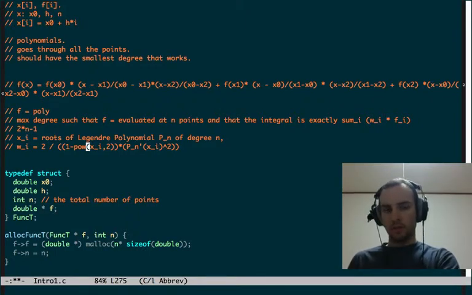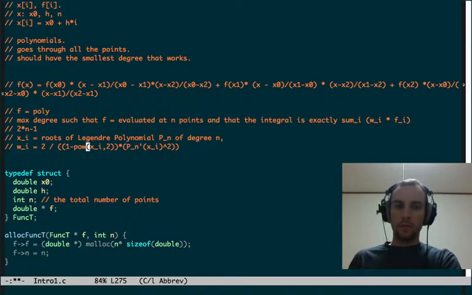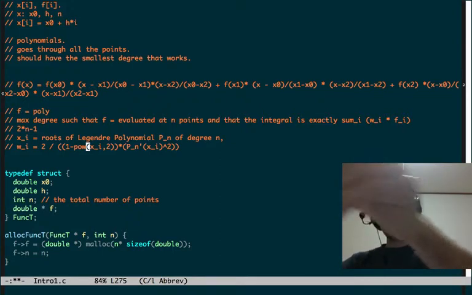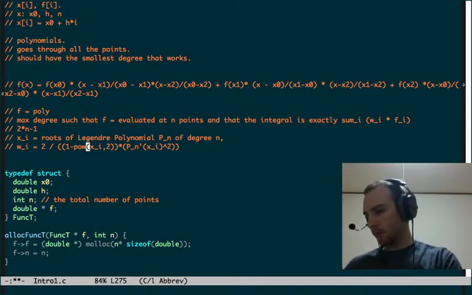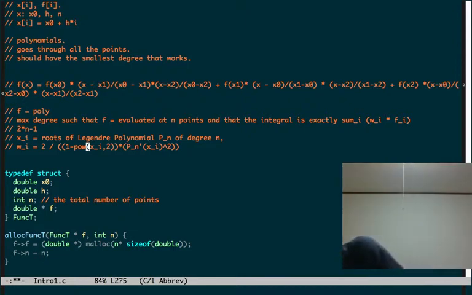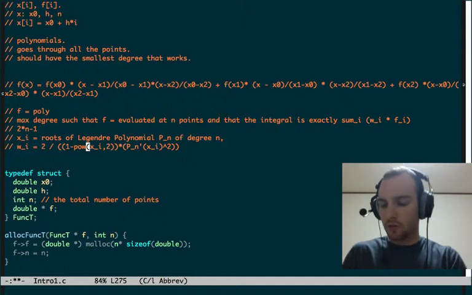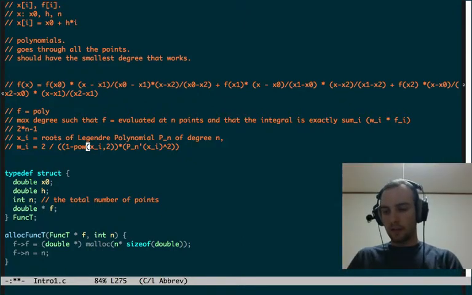We need to derive polynomials. We need to compute some polynomials, like the Legendre polynomial of degree n is an actual set of coefficients. It's like 3x minus 1 or something.